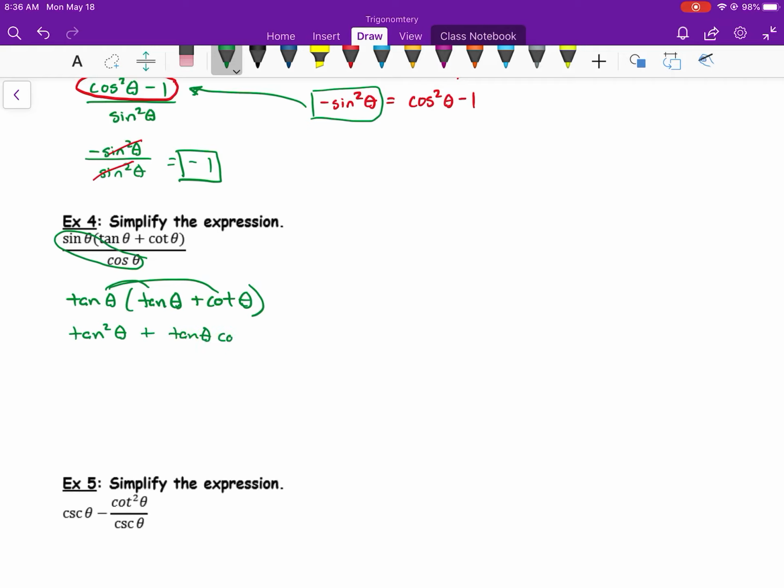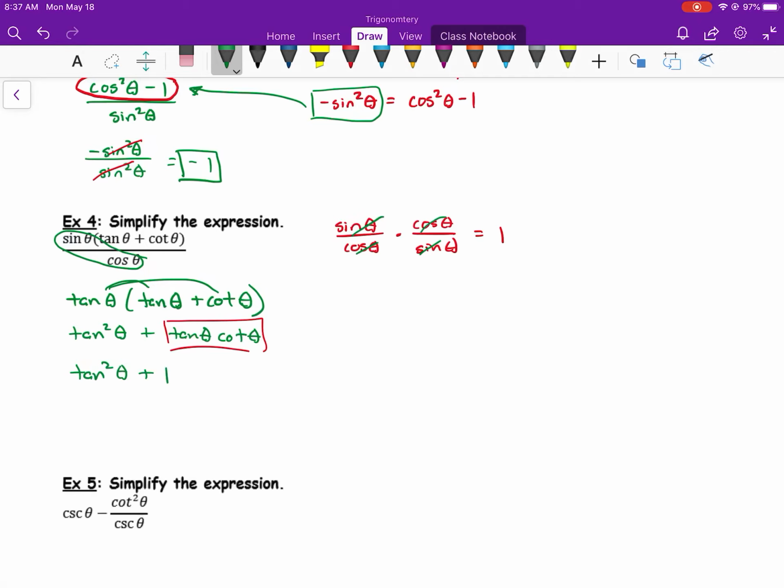So tangent is sine theta over cosine theta. Cotangent is cosine theta over sine theta. And we see that everything cancels out, so we get just 1. So tangent times cotangent is 1. Tangent squared of theta plus 1.